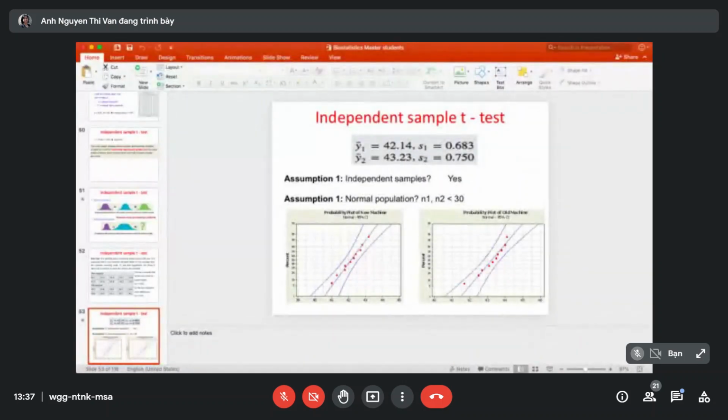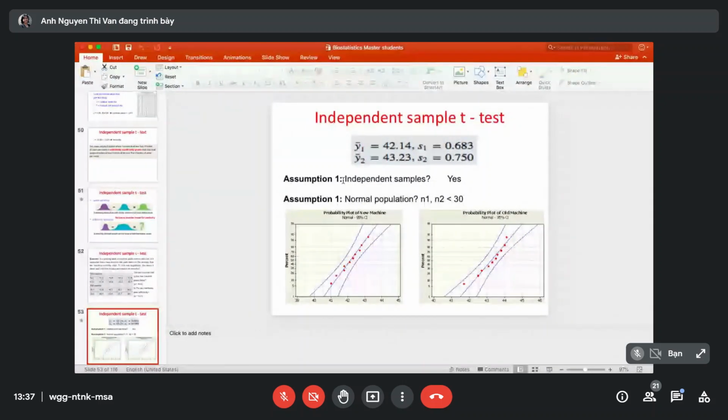So for this exercise, firstly you can check normal distribution first, or you can check the assumption about the independent sample first. We want to apply the independent sample t-test, so we have 2 assumptions that we need to check. This is the assumption about the independent sample.